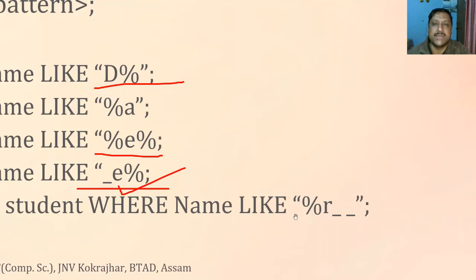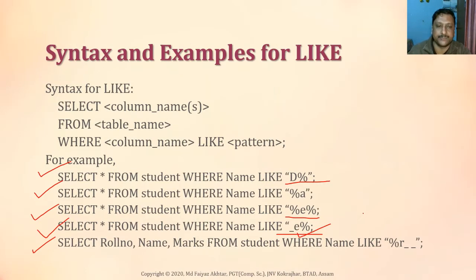The percent means any length of characters may be there before, but the third last letter must be R, and after it the last two letters may be any letters.